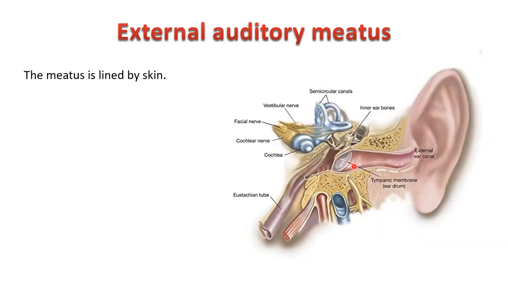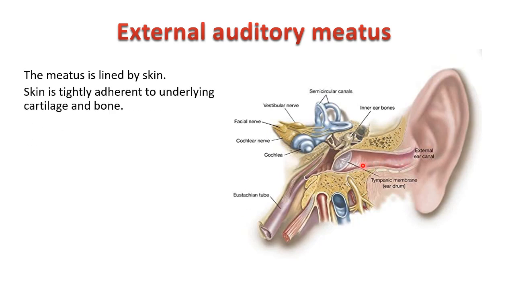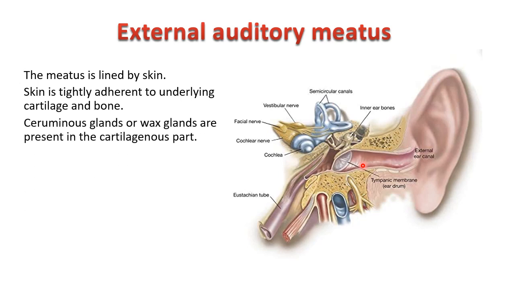Okay, so now coming to the internal lining, it is mainly lined by skin. The skin lining the external auditory meatus is continuous with that of the pinna, and you see a lot of modified sebaceous glands, which are called the ceruminous glands, mainly seen in the cartilaginous part.